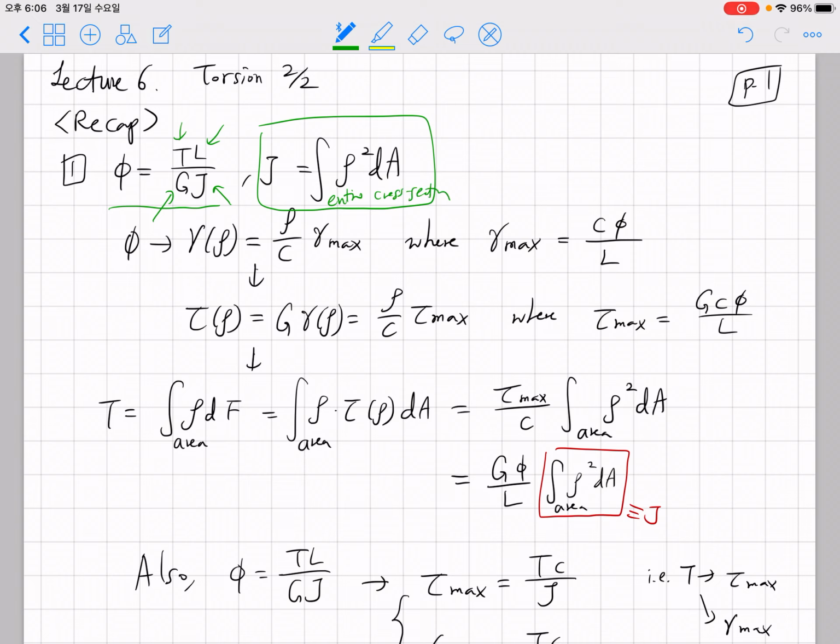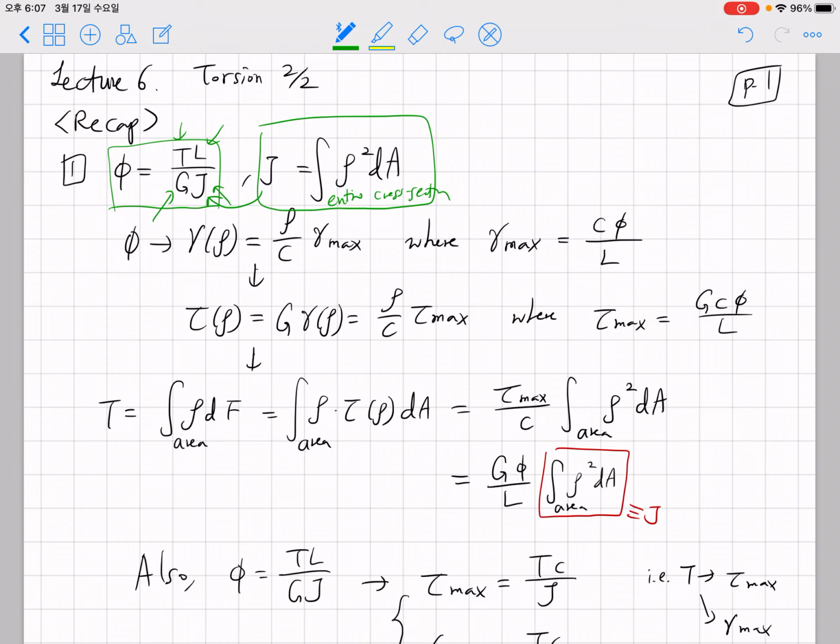That somehow determines the resistance to torque, so when we have higher J, because it has higher resistance to twist loading, you're gonna have a smaller twist angle. That's the implication of this formula.